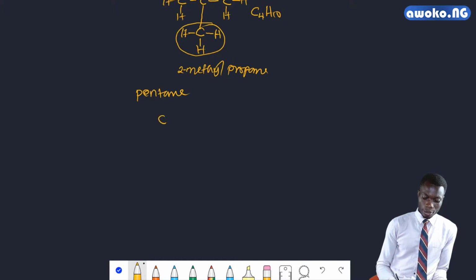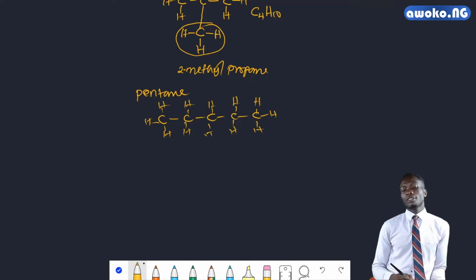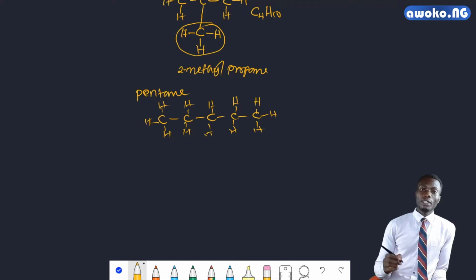Now, pentane has a normal structure, 1, 2, 3, 4, 5. So we have 1, 2, 3, 4, 5, 6, 7, 8, 9, 10, 11, 12. So you have C5H12.